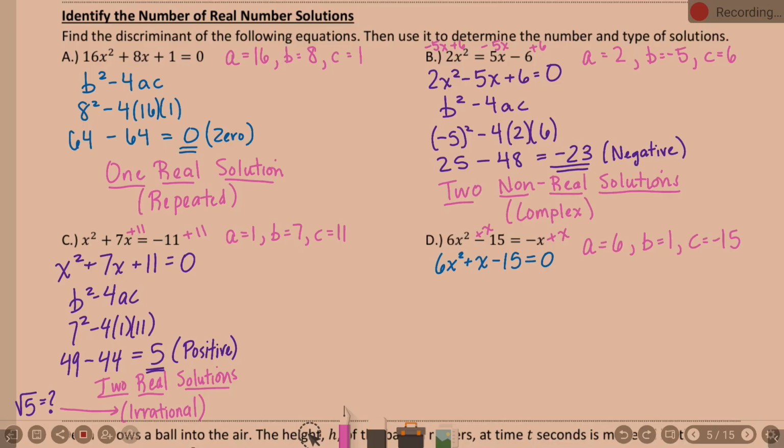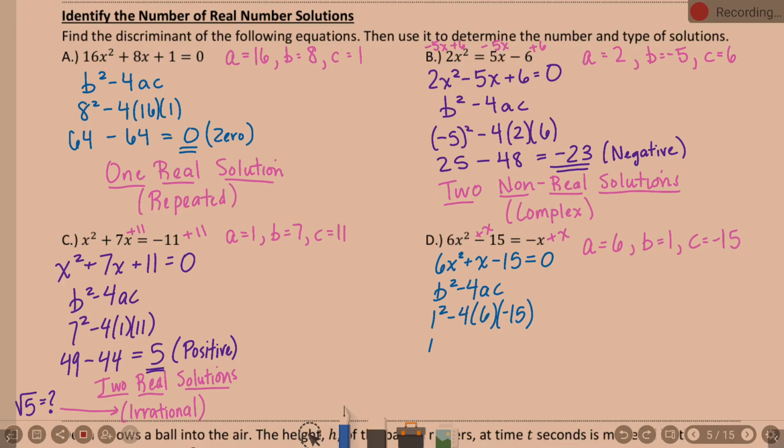So, are you ahead of me? Have you done the discriminant? B squared minus 4AC. So what are we doing? 1 squared minus 4 times 6 times negative 15.